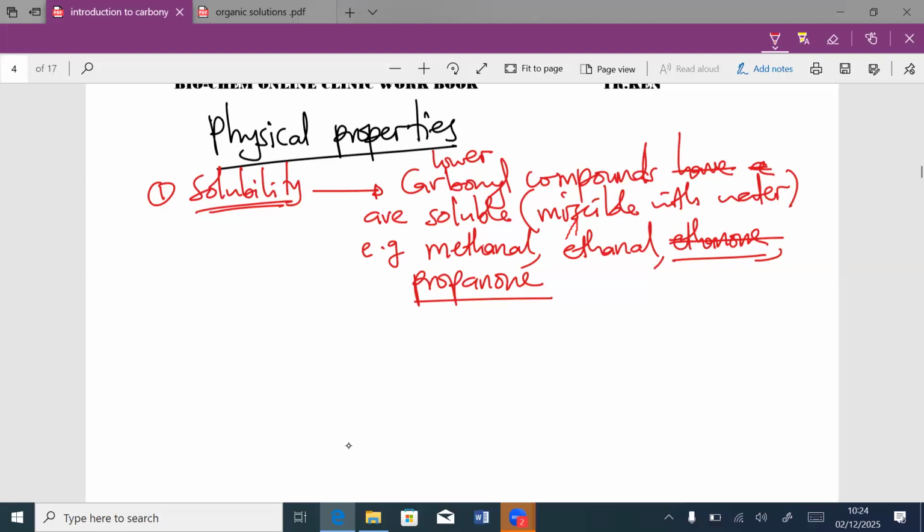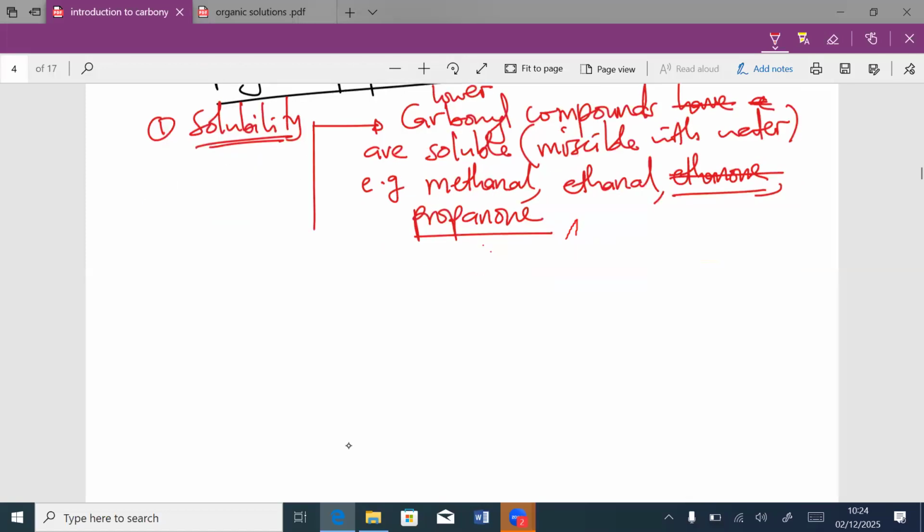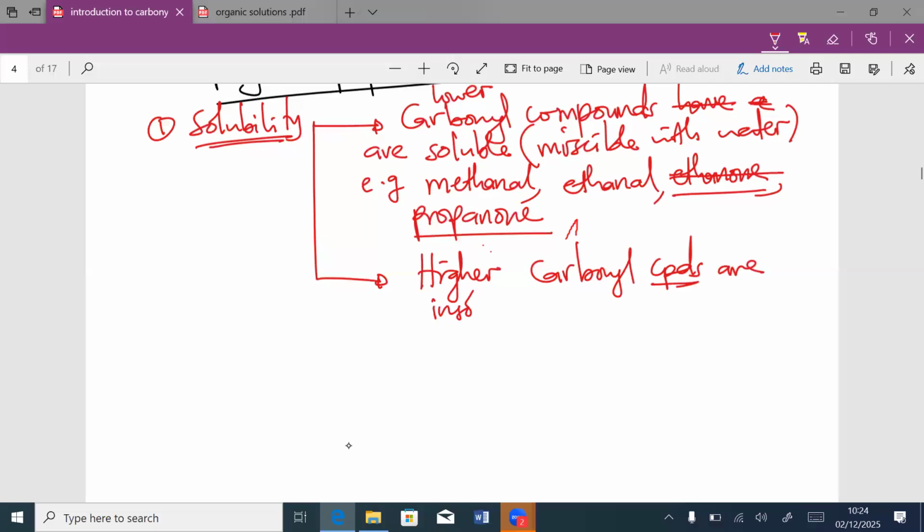You're seeing that? And then the higher carbonyl compounds are insoluble in water.